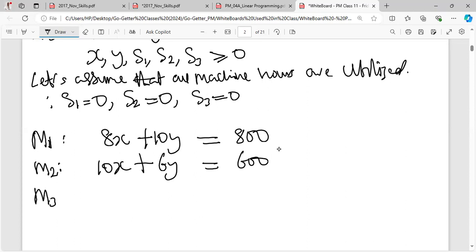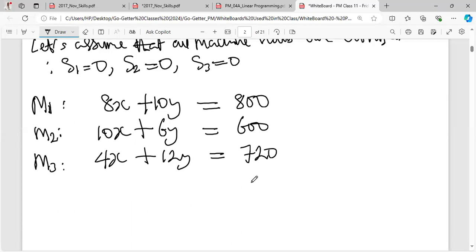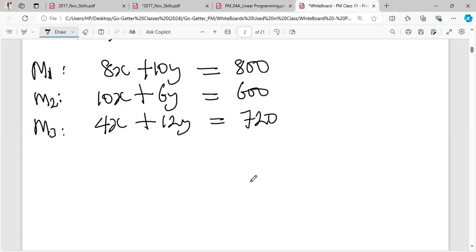And your M3 will now be 4x plus 12y, equal to 720. Now, this is a line that uses the greatest possible resource.